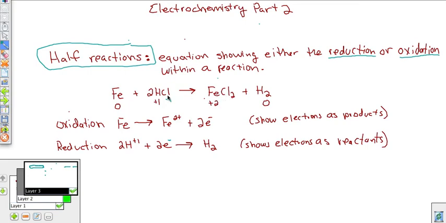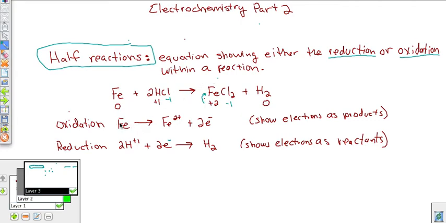Why? Because this is still -1 here, and so we have two -1s, making this one now a +2. What happened? The iron obviously lost 2 electrons. The iron went from a charge of 0 to +2, meaning 2 negative charges were removed from it.